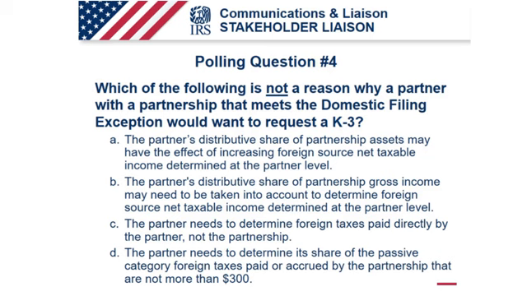B, the partner's distributive share of partnership gross income may need to be taken into account to determine foreign source net taxable income determined at the partner level. C, the partner needs to determine foreign taxes paid directly by the partner, not the partnership. Or D, the partner needs to determine its share of the passive category foreign taxes paid or accrued by the partnership that are not more than $300.